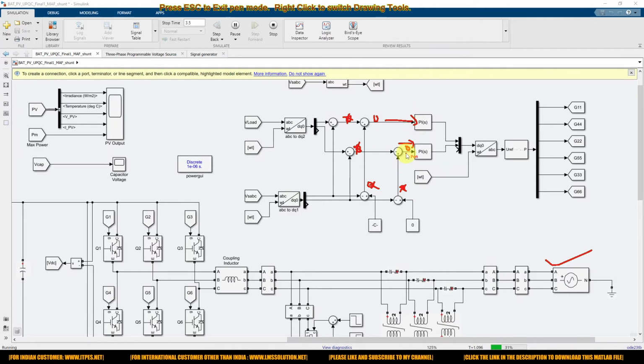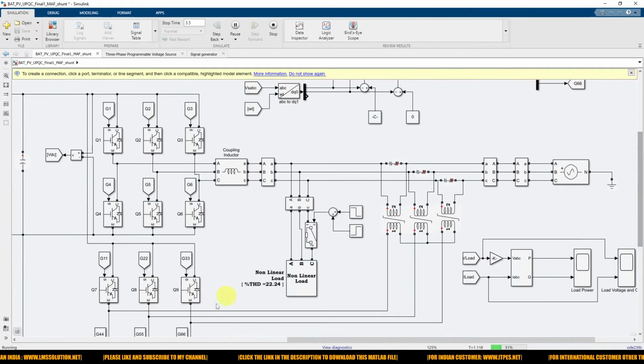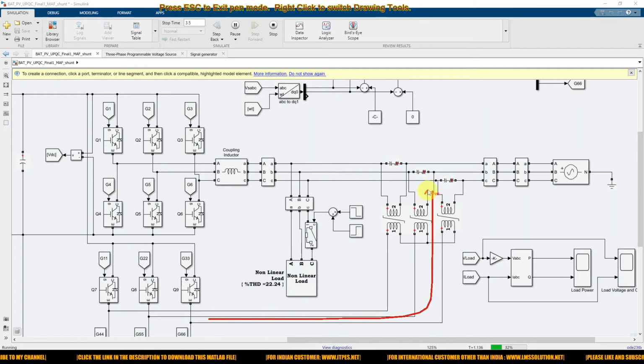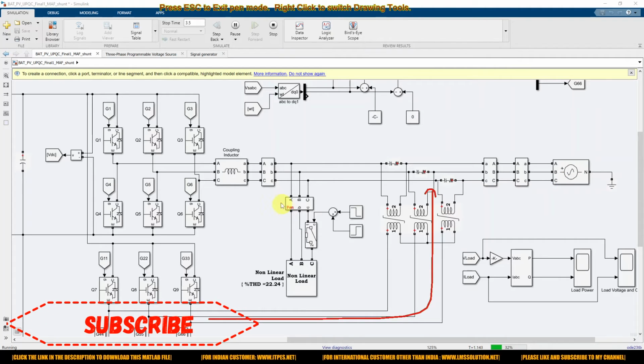That compensating voltage is converted into the actual abc form, and then processed via the PWM generator. So it generates the pulse for that series active filter or series converter. Based upon that error voltage and the pulse from the PWM generator, it injects the voltage to compensate the voltage sag and swell in the load side.